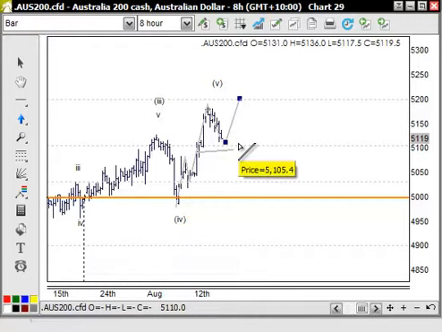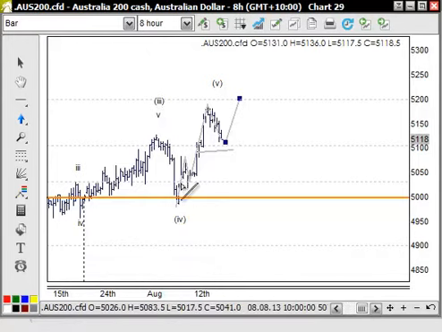But of course I wouldn't count on that, not just because the US markets are down, but because the FTSE's down as well. And I know there's a strong relationship there. Also, this move up through here, this wave structure to here, if we get a breaking of that, if that market goes through there, then that's overlapping wave 1 here, and then we would have to call the wave 5 in up here.